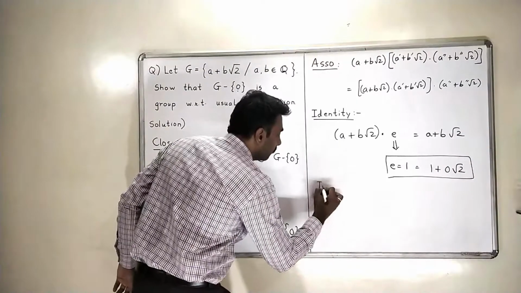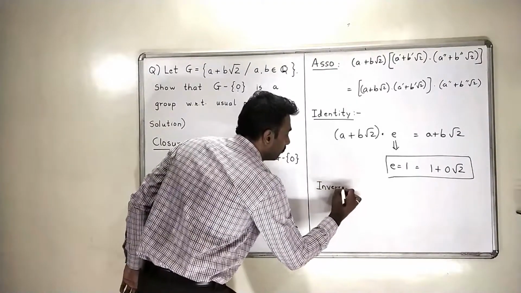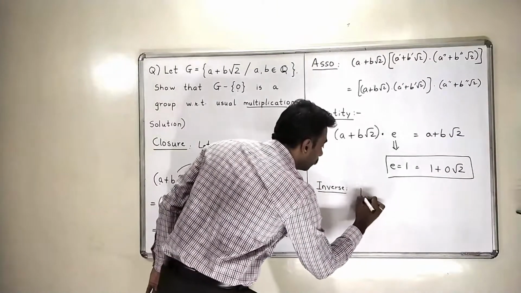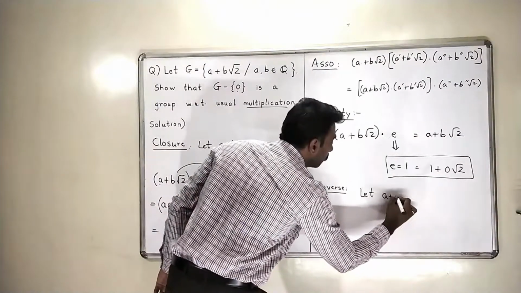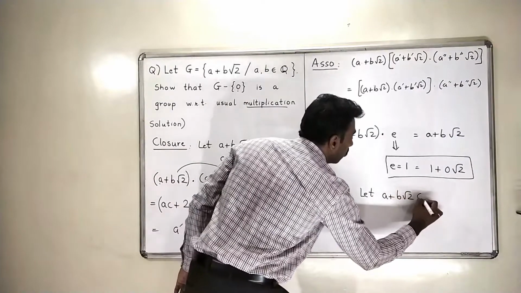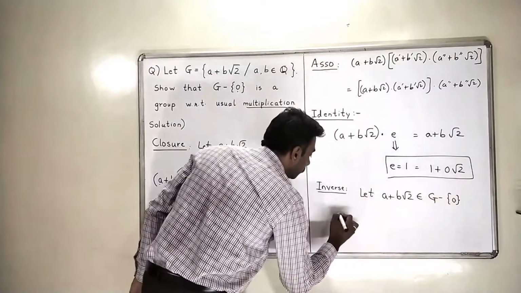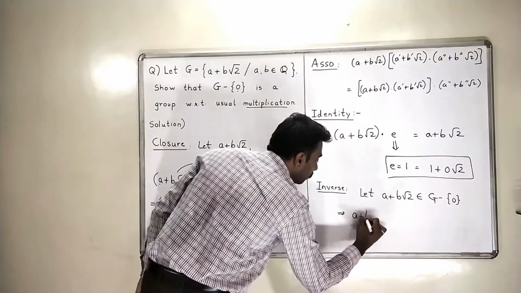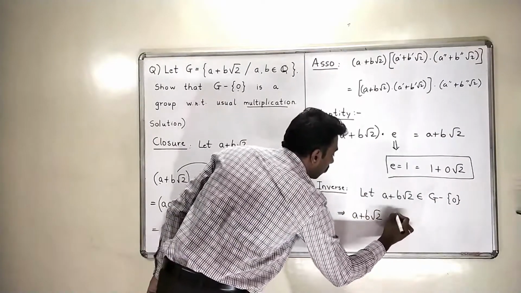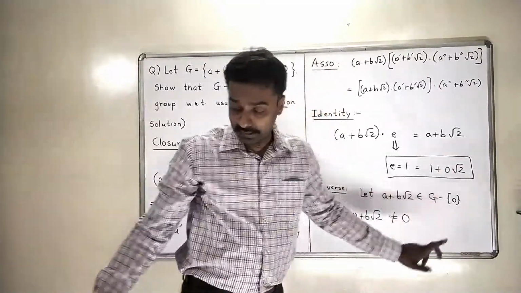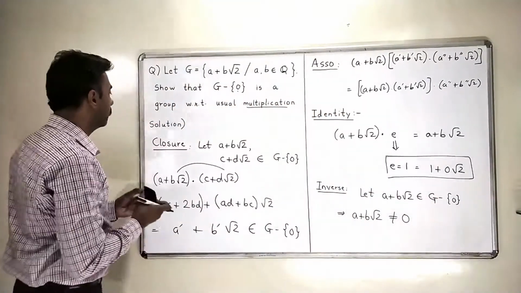Next is inverse. So let me take some element of this G minus singleton 0. So let a plus b root 2 belong to G minus singleton 0. This means that a plus b root 2, first of all, is not a 0 number, because it is in G minus singleton 0.